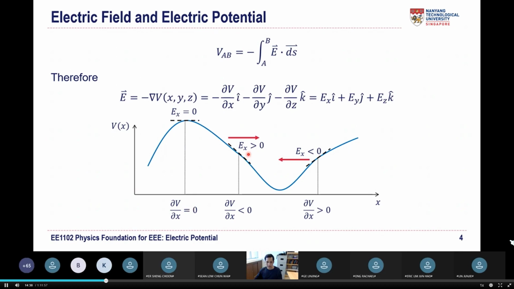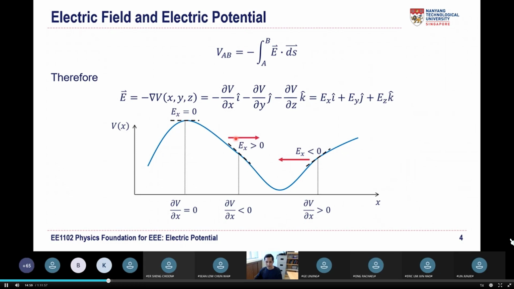And at this point, you're going to have a positive electric field, because the slope itself is negative, but we need to negate the sign to get the electric field from the potential. So it's going to be a positive electric field.